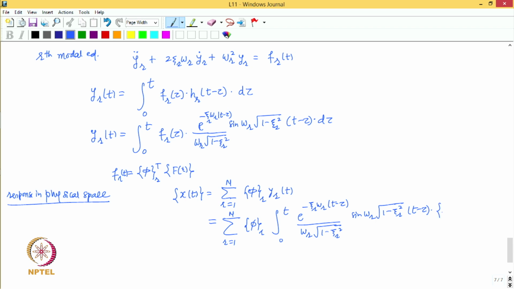So, f r is phi r transpose f of t, right. So, of course, here we will have f of tau.